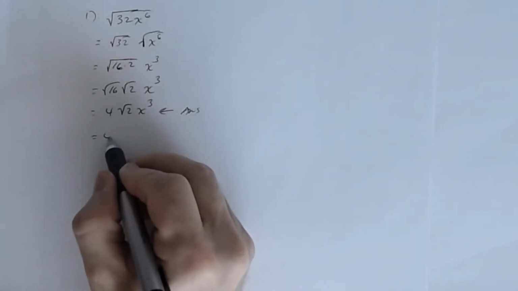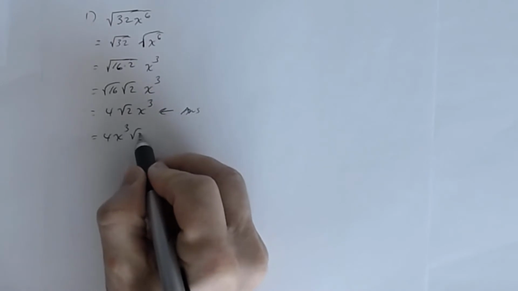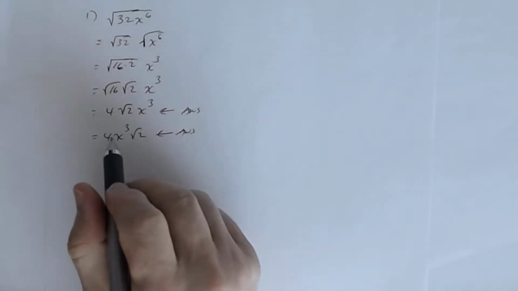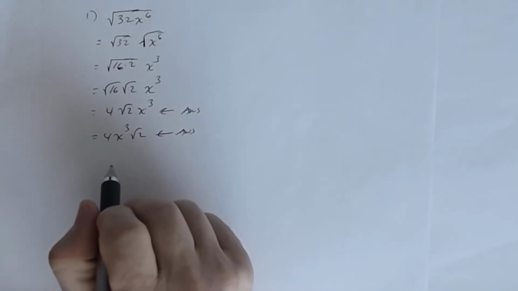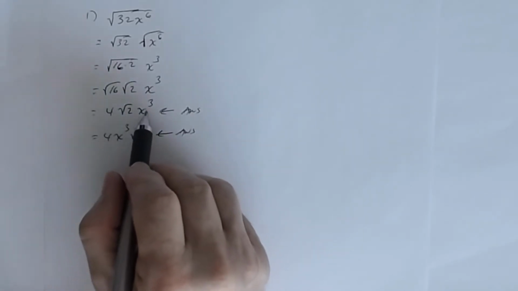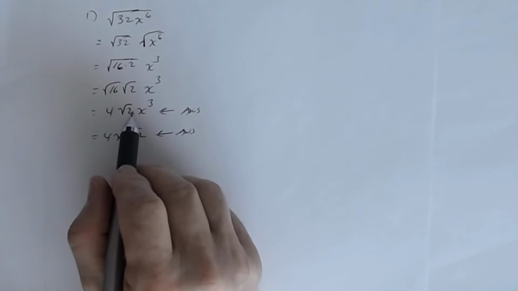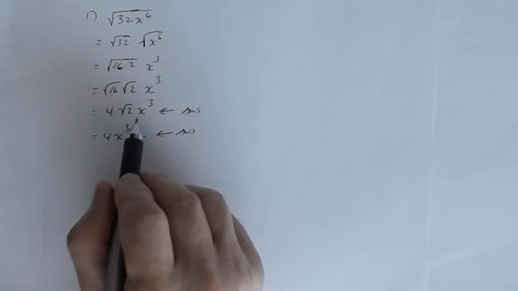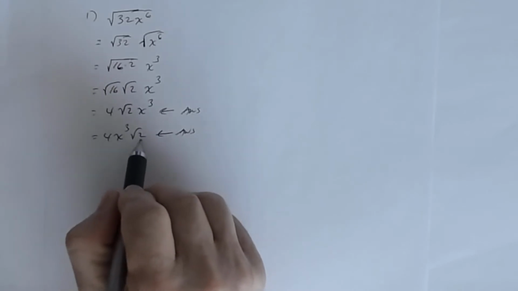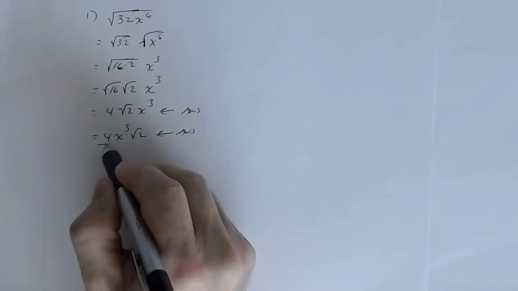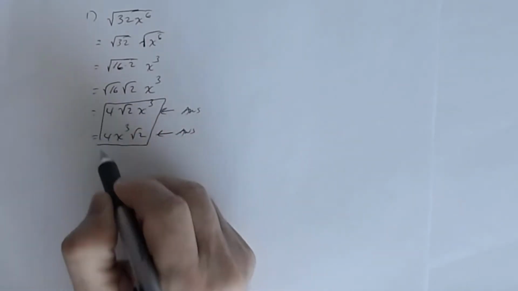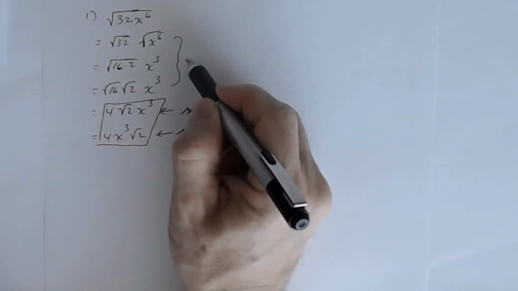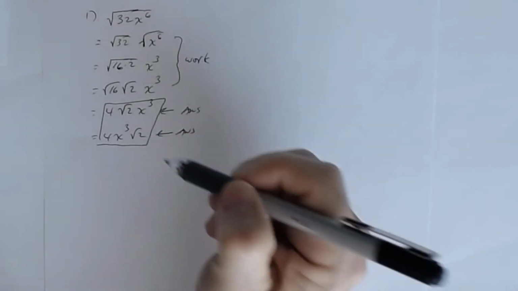In other words, you can write this as 4x cubed square root of 2. It does not matter, because remember, multiplication is commutative. The order in which you multiply does not matter. Sometimes textbooks have the variable part written at the end, and sometimes the radical part. It does not matter which one you write. But there's your work, and that will be one of your answers.